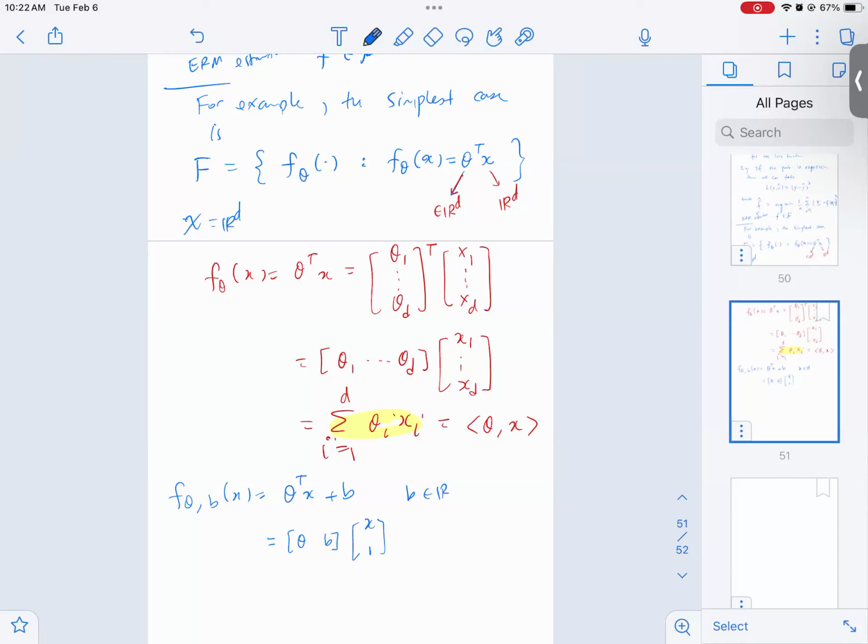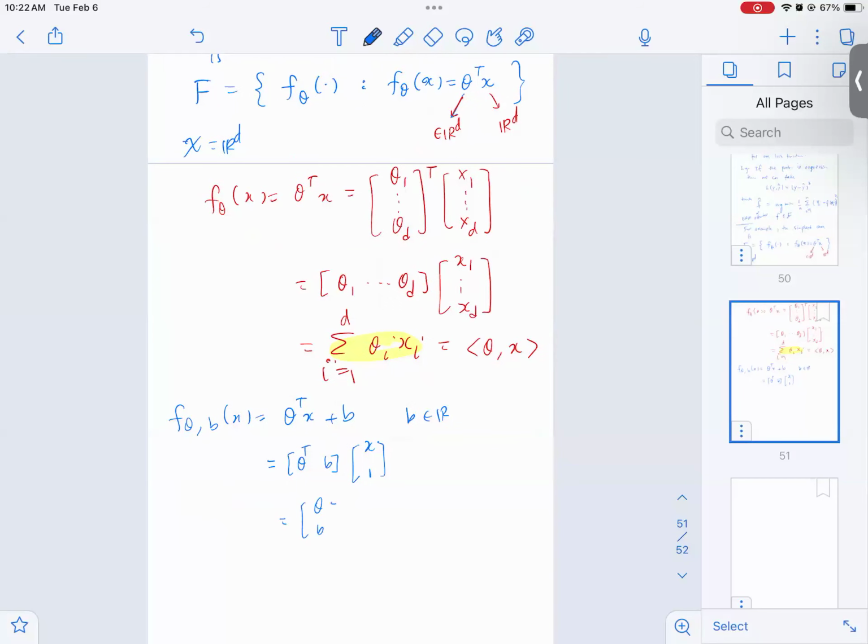So this would be like theta b transpose x 1. If I add just one fixed element of 1 to my feature vector, both are in Rd. This can be thought of as a new parameter, and this is a new feature. This way you can treat these, called affine functions, as reduced to the linear case, don't carry the intercept. This is called the intercept or bias in ML terminology.